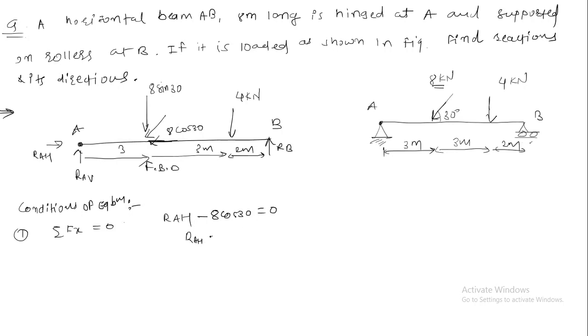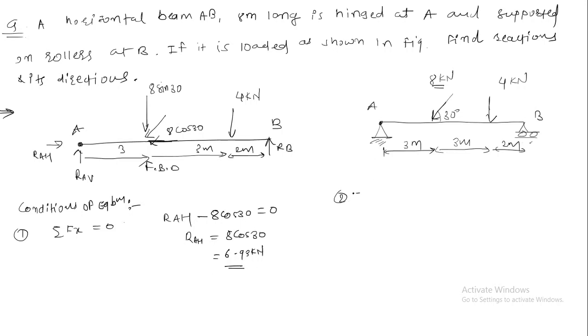So RAH is equal to 8 cos 30, which is equal to 6.93 kilonewton. So you can see here RAH is not 0 because the inclined force has a horizontal component, and it balances the force RAH. So RAH is equal to 6.93 kilonewton.